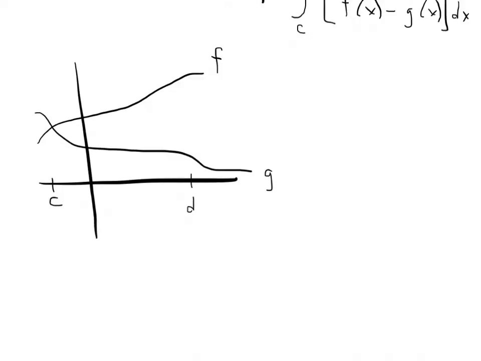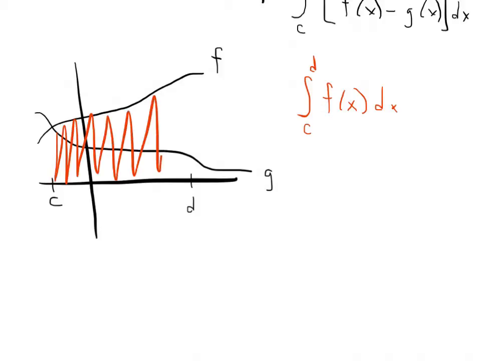We learned that if I take the integral from c to d of f of x dx, that's effectively going to give me this red area, the area under the f function between c and d. Now, if I were to also do the integral from c to d of g of x dx, what would that give me? Well, that would give me between c and d the area under the g function.